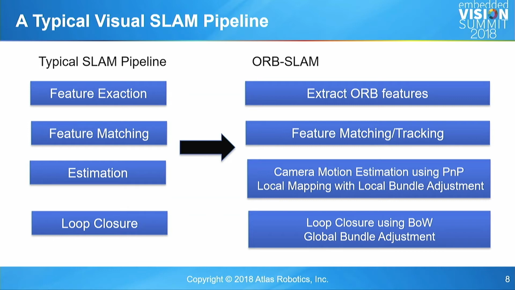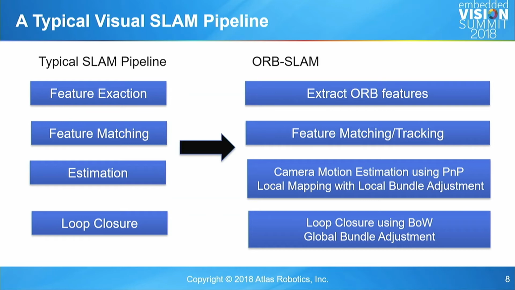Once we extract the pictures, we have to match or track them over time. That tracking gives us the correspondence of a picture across different image frames, which gives us good information to estimate how my camera, or the rigid body carrying the camera, has moved over time.